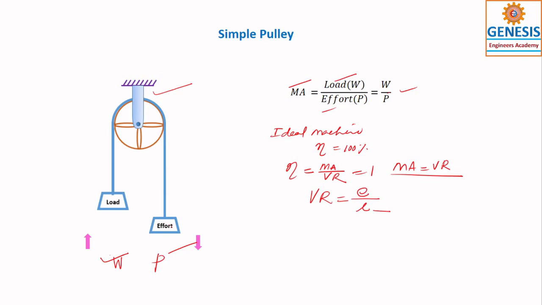Whatever distance you drag the effort, the load also moves that amount. So the distance moved by the effort and the distance moved by the load are the same. So this velocity ratio is also 1.